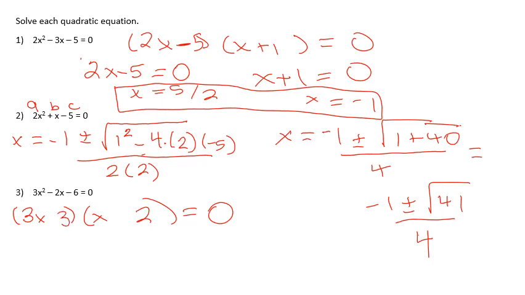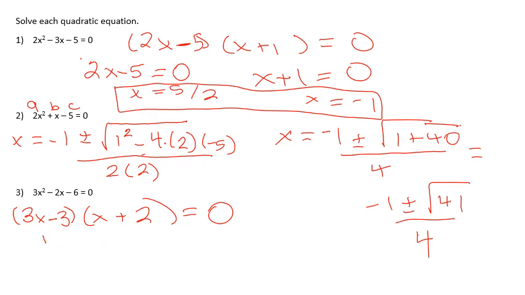I've got a negative there, so I've got a sign of each type, one positive and one negative. And instead of checking the whole thing, because I'm trying to factor quickly, I'm just going to check the outers and the inners from FOIL, because the negative 2 is what's a mystery. So let's see, if I check my outers, I get positive 6x, my inners negative 3x. That doesn't make 2.